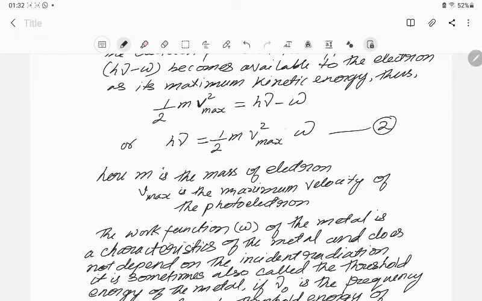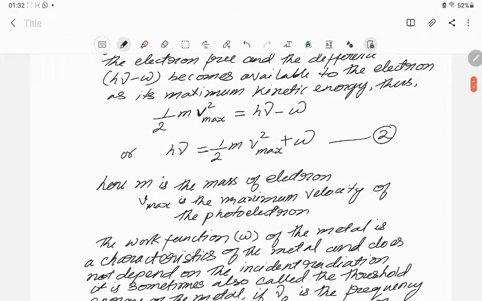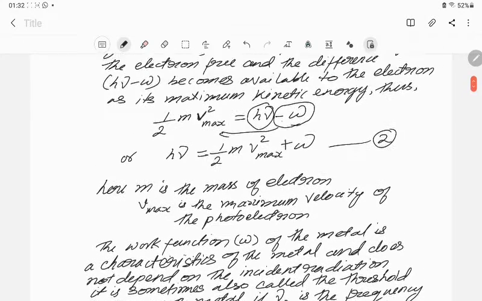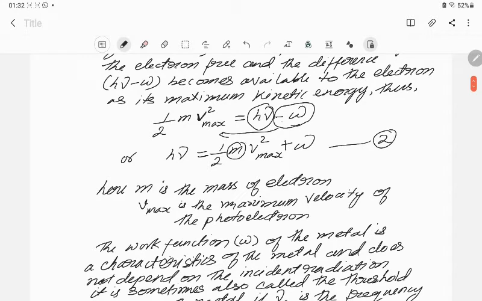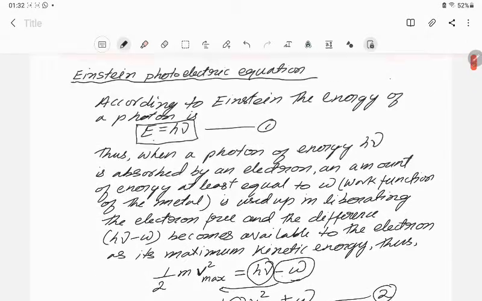This must be plus because omega has changed side. Now if we move this omega to the other side, it becomes plus. Here m is the mass of the electron, and v max is the maximum velocity of the photoelectron.